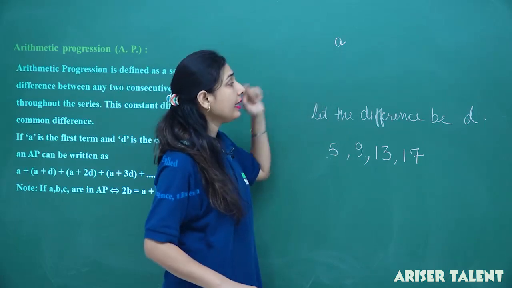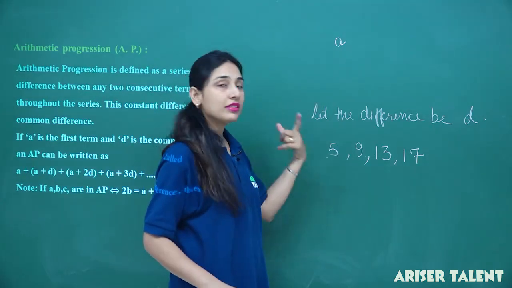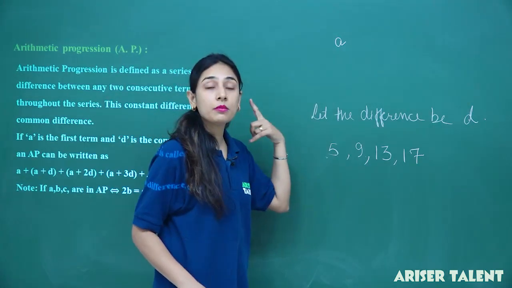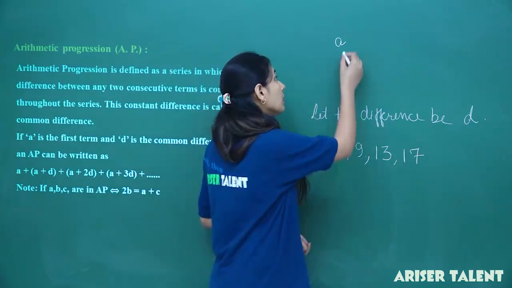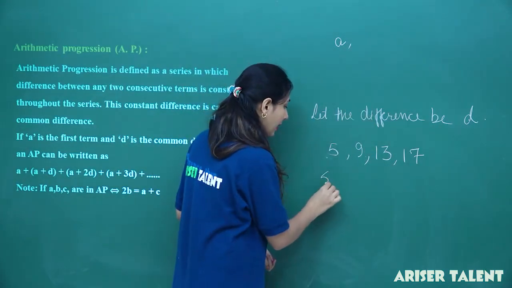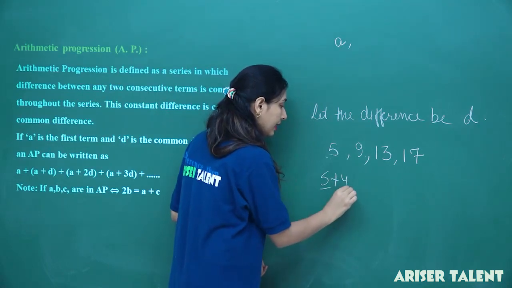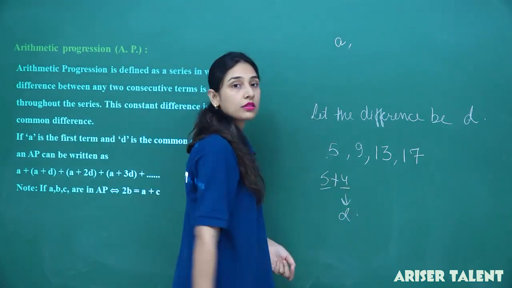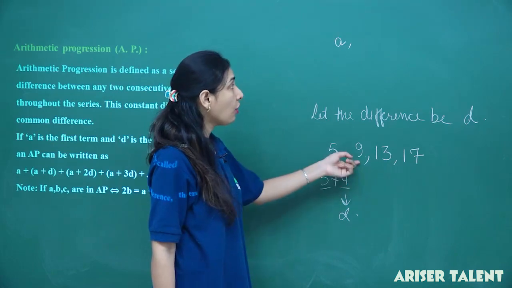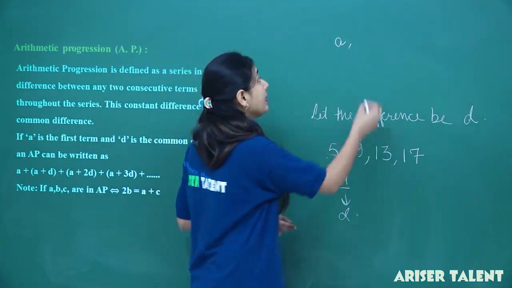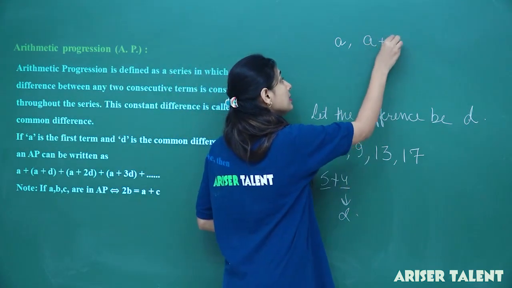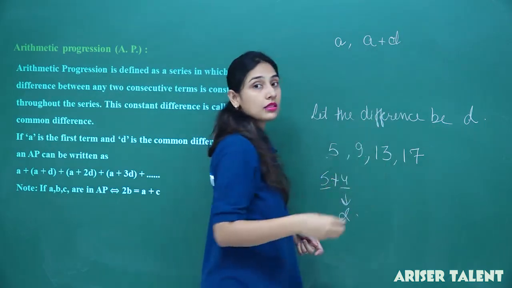Now let 5 be the first term, so here A is the first term. What will be the next term? We add 4, that was our common difference, and we get the second term. So what will be the second term? A plus D, the difference.